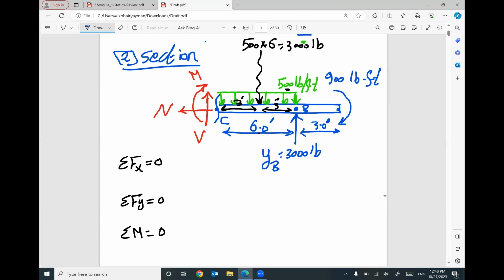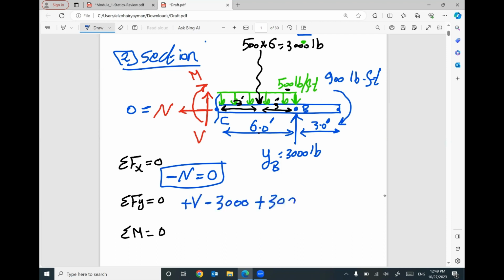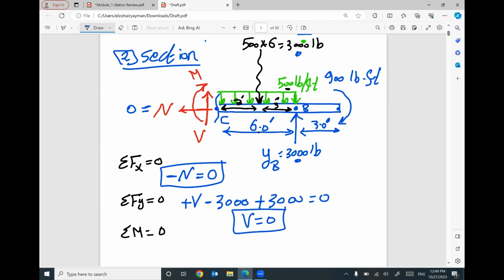Summation F of x, we have only negative N equals 0. So your value of N will be 0. Summation F of y, we have positive V, we have negative 3,000, we have positive 3,000. This one and this one equals 0. So your V will be 0. That's fine, no problem.